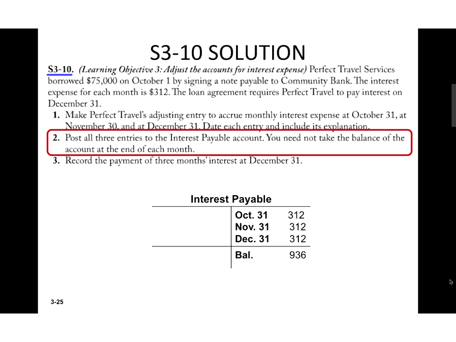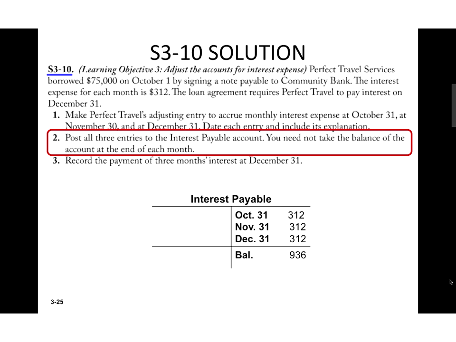Also, payables is a liability. Liabilities have a normal credit balance. So the balance of the interest we owe at December 31st is $936. It's $312 each month. We recognize it each month because we need to show the expense when we incurred it, and we also need to show that we have a liability.